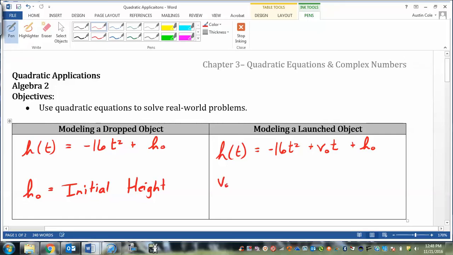V naught, that is our initial velocity. What's velocity? Speed. Velocity is speed, okay, with direction. How fast are we throwing that in the air when it leaves our hand? Or how fast are we throwing it maybe downward as it leaves our hand? And then h naught, again, is our initial height.